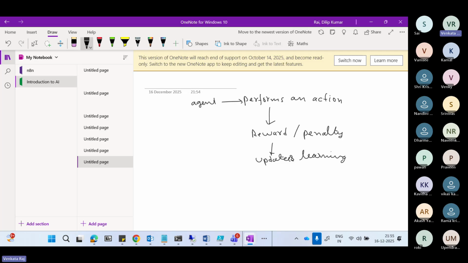Updates its learning path. And this loop goes on again and again. So this is where reinforcement learning comes in.